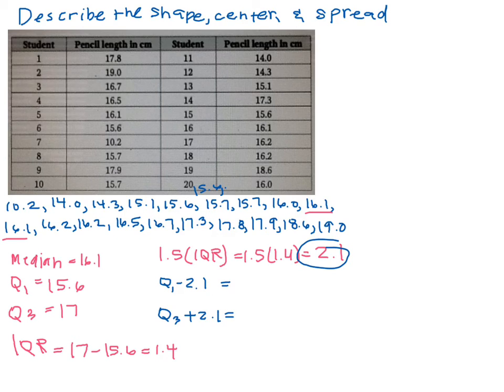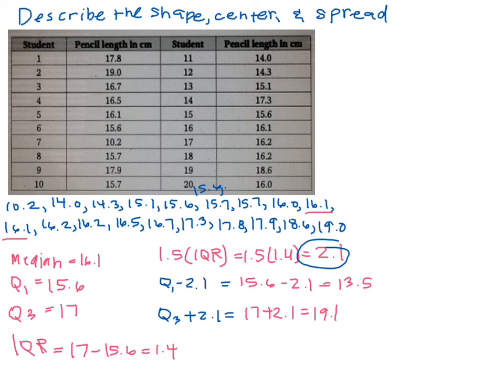Well, quartile 1 minus 2.1 is 15.6 minus 2.1, which equals 13.5. And quartile 3 plus 2.1 is 17 plus 2.1, which gives me 19.1.